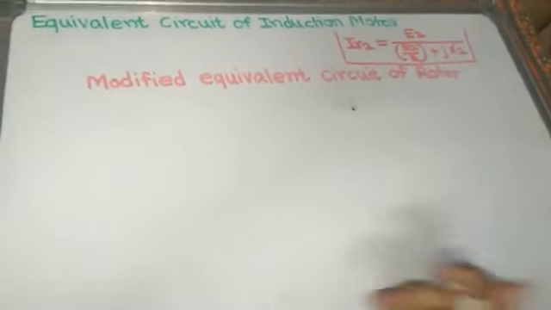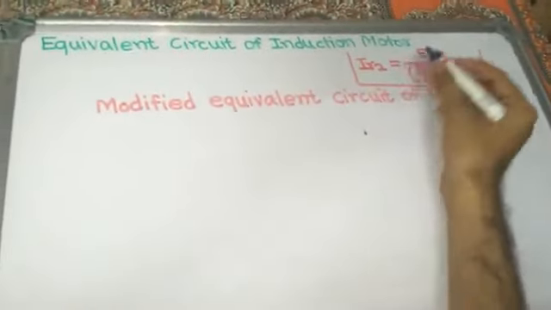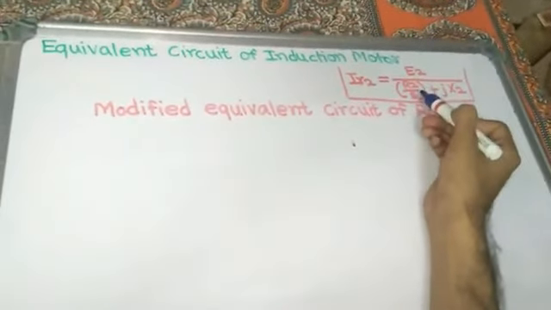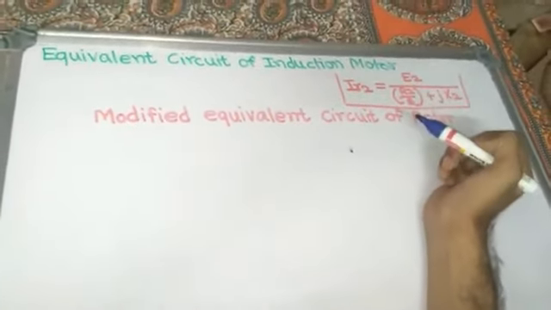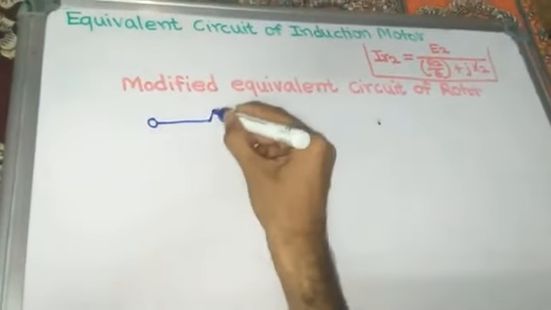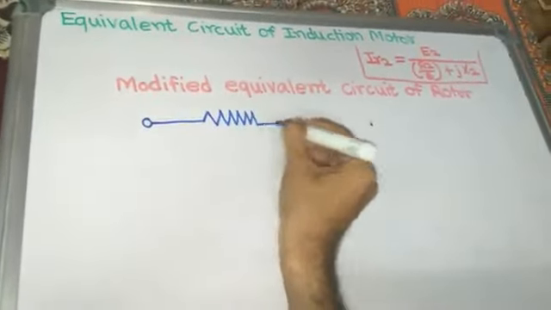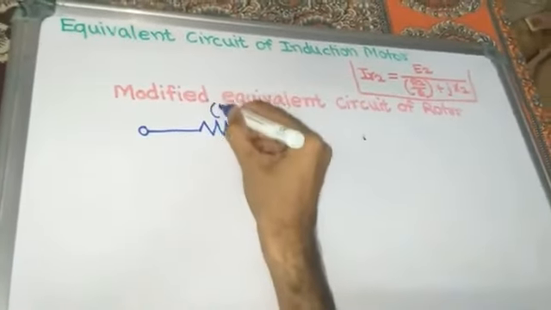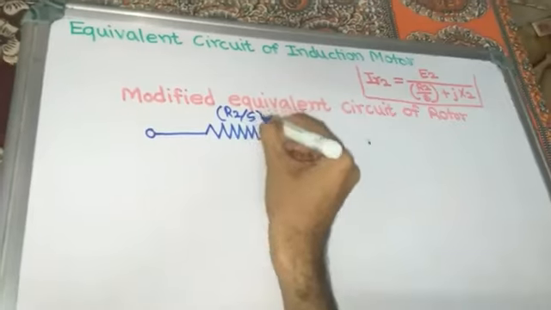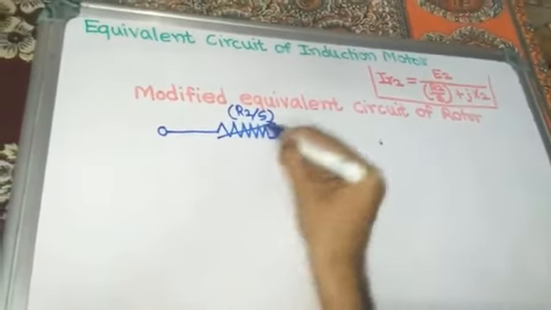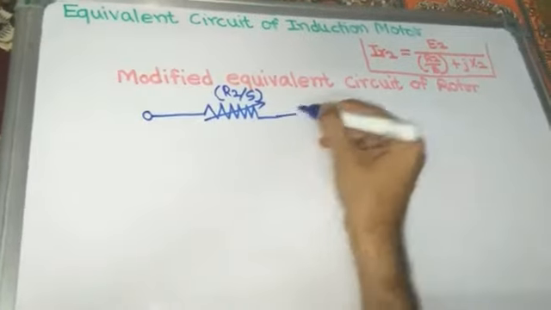See here. By this equation, all the parameters are independent of the value of slip, and only rotor resistance becomes dependent on slip. So what is the new equivalent circuit? The rotor resistance per phase is dependent on slip, which is R2 by S now, and it is variable, so we make the variable sign here.